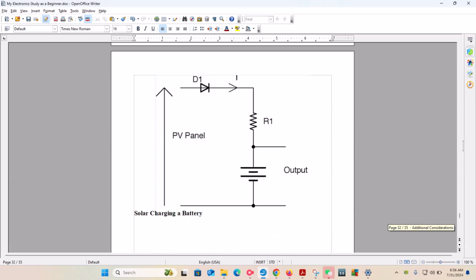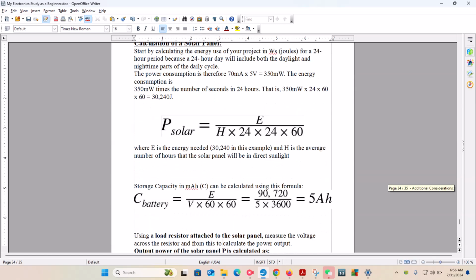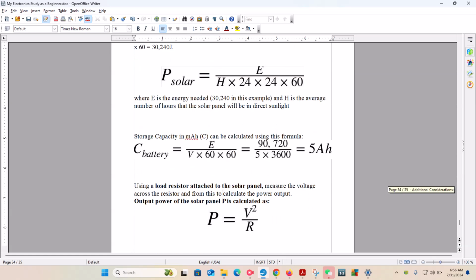The main idea is we look at the schematic diagram. Power goes in through a diode in terms of current. So the diode will control the current going through resistance and then an output. Basic stuff, right? Remember that our P solar is going to be based upon our energy divided by the average of hours, so over time.